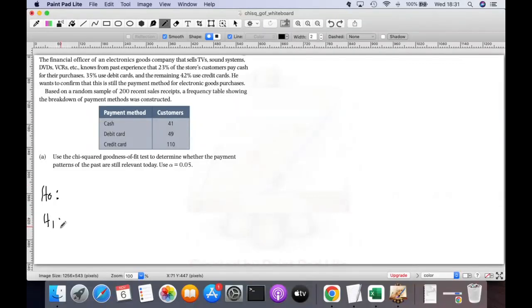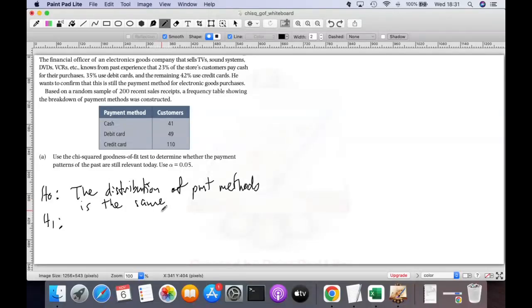For H0, what you would say is that the distribution of payment methods is the same.